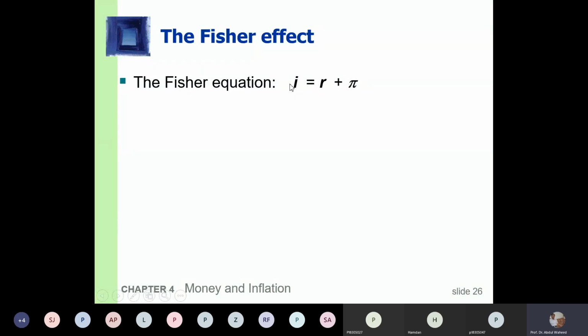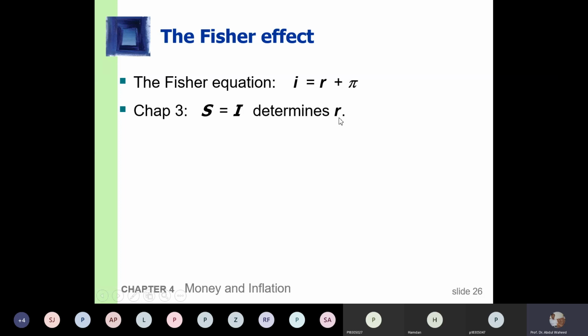So the nominal interest rate is the sum of the real interest rate and the inflation rate, and from here you can derive the real interest rate, which is the nominal interest rate minus the inflation rate. This is a very popular equation, and in chapter 3 we learned that saving equals investment, and this determines the real interest rate.